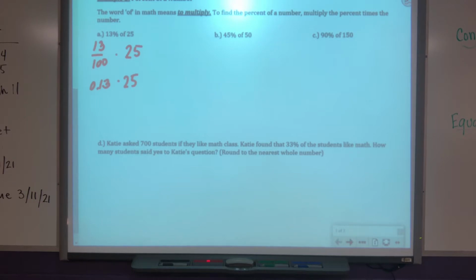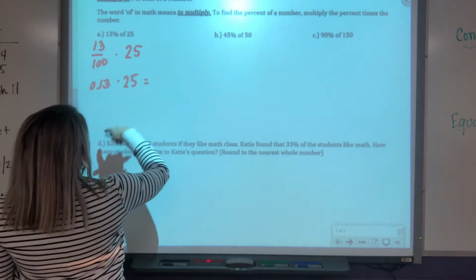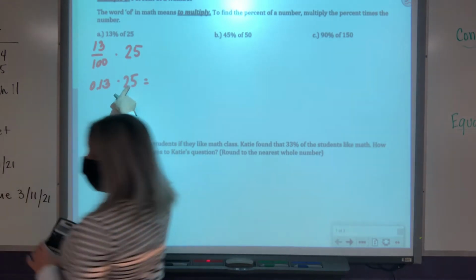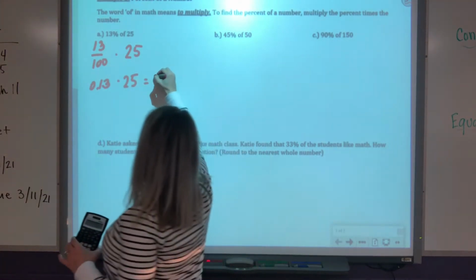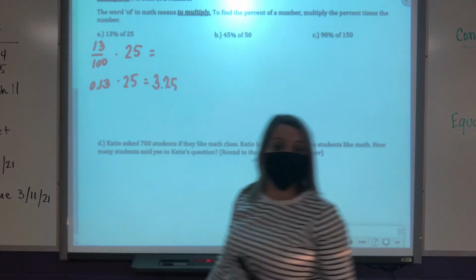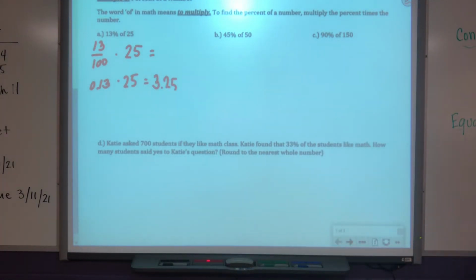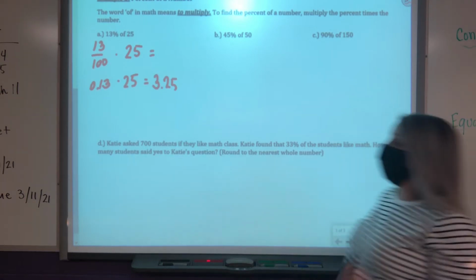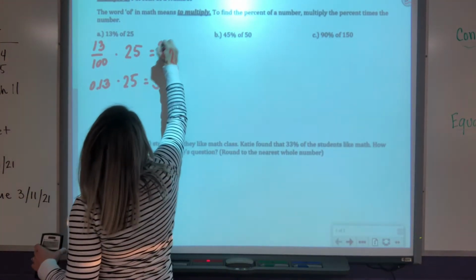Bob, what'd you get? 3.25. Okay. So Bob multiplied a decimal times the whole number. So we got 3 and 25 hundredths. Somebody get something different? Yes, Gabriella? 3 1/4.